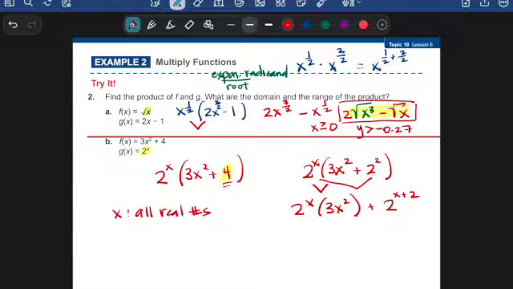And since it is exponential, we are going to have an asymptote, and that asymptote will be at 0. So the range will be anything greater than 0. It never approaches the asymptote. So it might be helpful for these to graph them on your graphing calculator so you can get a picture of what the graph would look like, and then you could determine what the domain and range are.